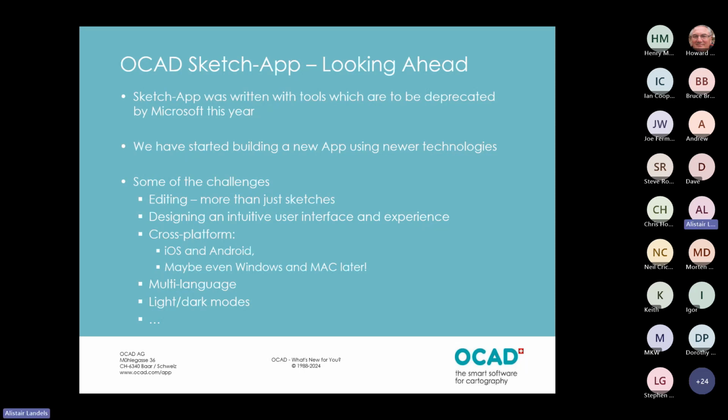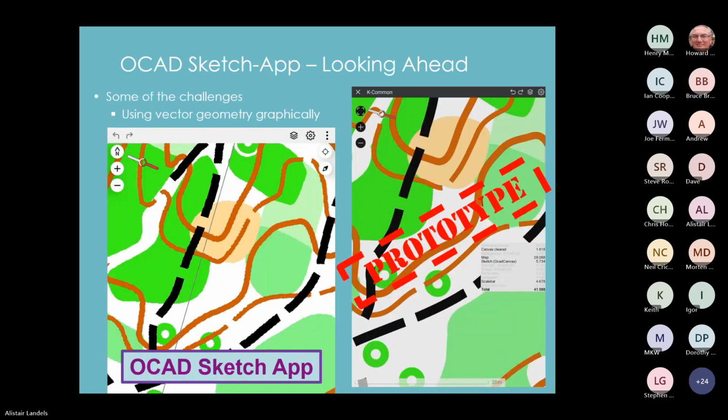Then, one of the other challenges I just thought I'd show here is that the current Sketch app uses bitmap pictures in the background, which means that the map looks a little bit jagged, and the geometries aren't perfect looking.